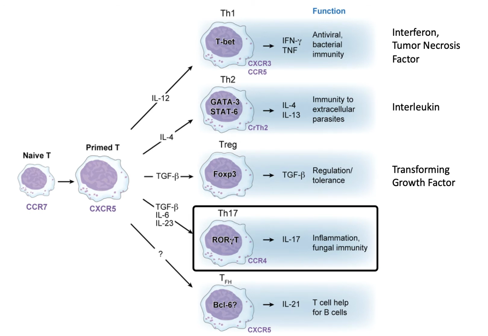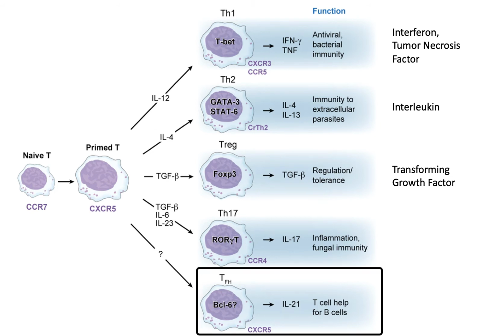And then down here, these are responsible for inflammation and fungal immunity, and then these ones down here are for T cell helpers, and also for B cells. That is to stimulate proliferation of those cell types.